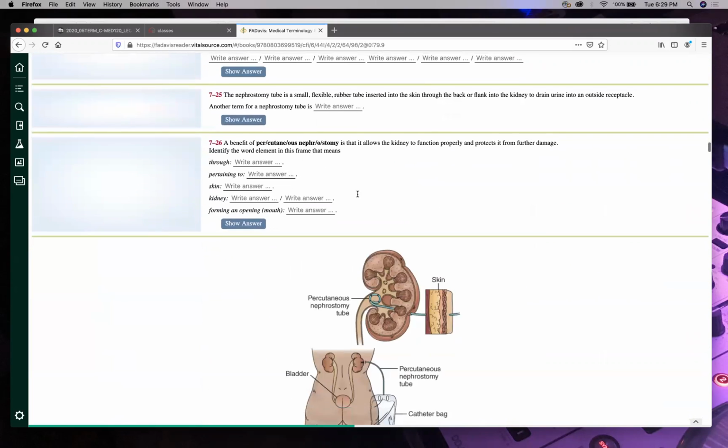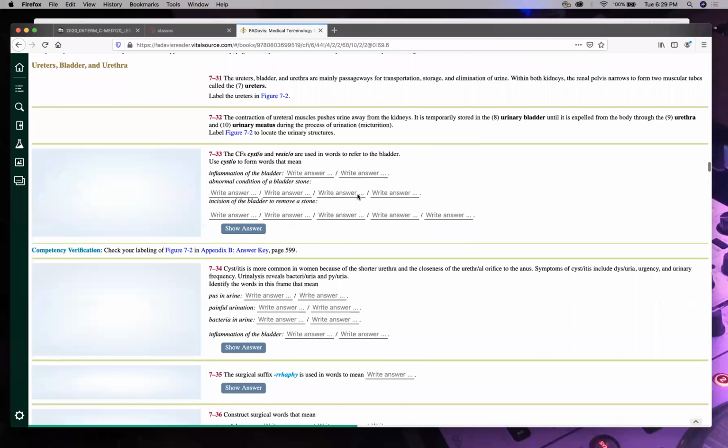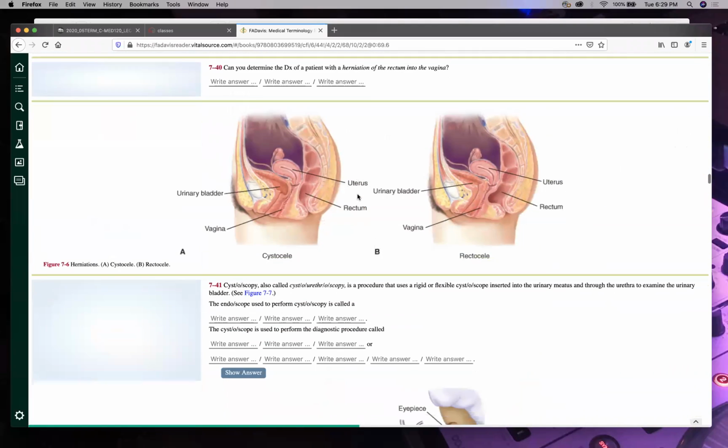Let's see what other words look good. Oh, remember we talked about a -cele, or a hernia? Now, what's a cystocele and what's a rectocele?